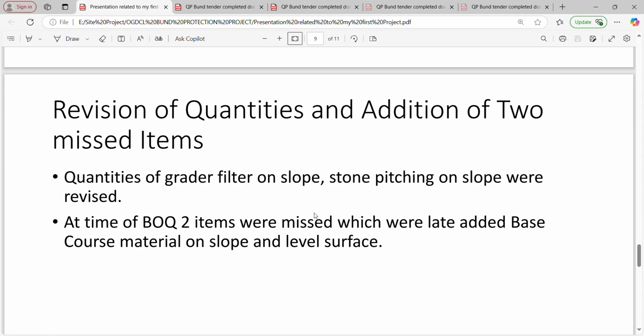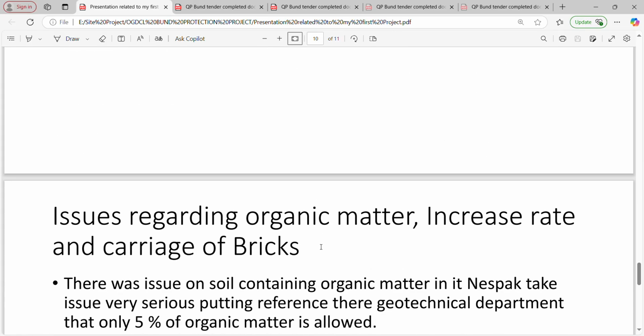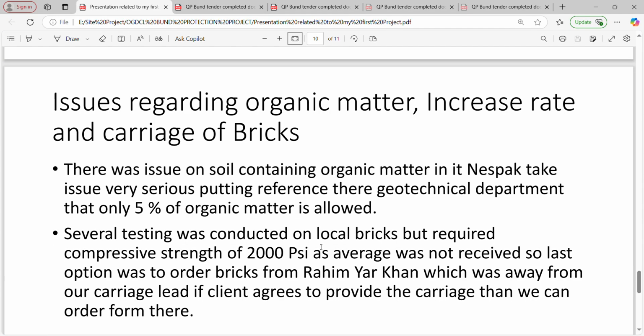For BOQ related items, there was revision in quantities for the graded filter on slope and stone pitching on slope. Similarly, during BOQ design, there were two missing items which were later added, which are base course material on slope and also for the level surface.